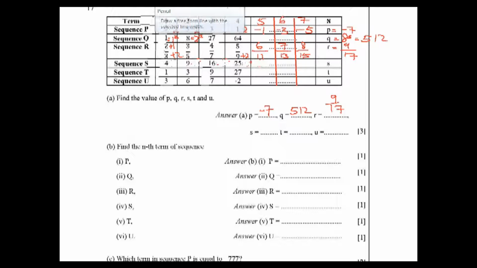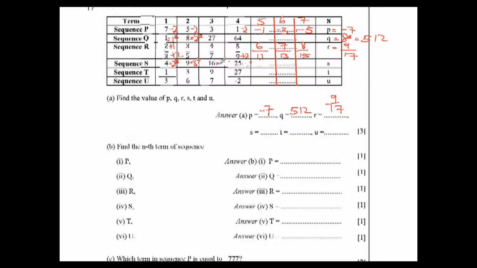For sequence S, we can see that they are all square numbers. For instance, 4 equals 2 squared, 9 equals 3 squared. When we move down the sequence, the value of the base is increased by 1, but the power remains the same, where it is always a square number.